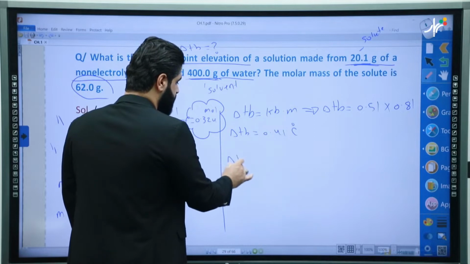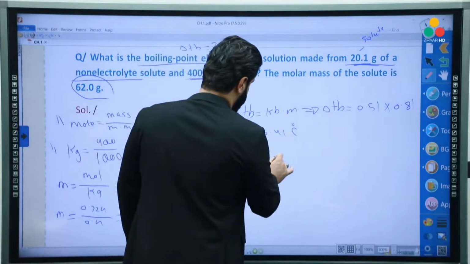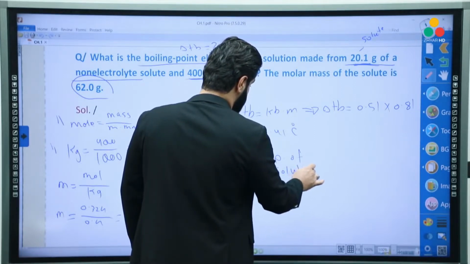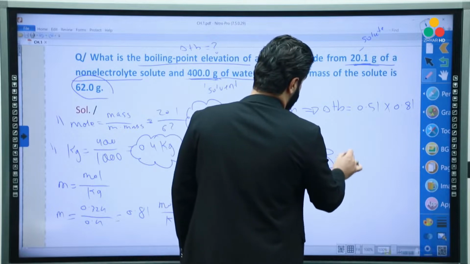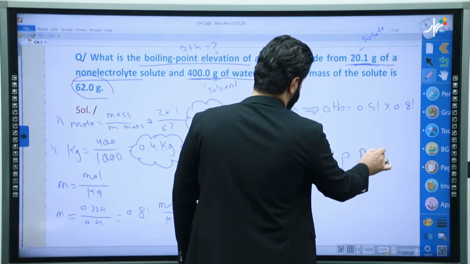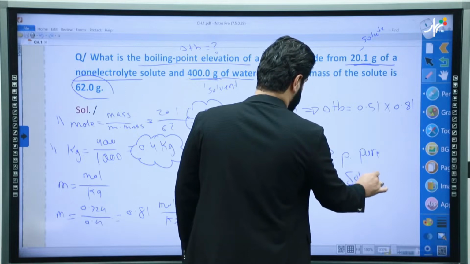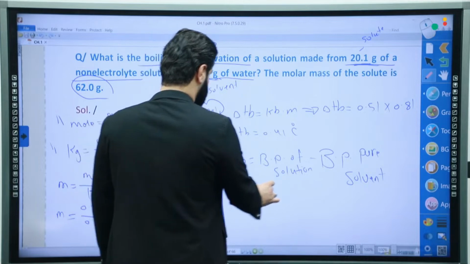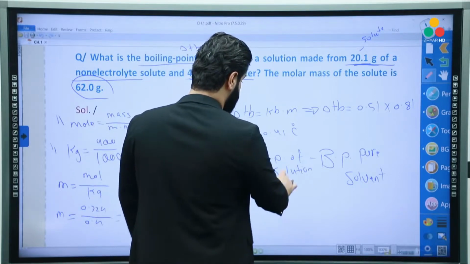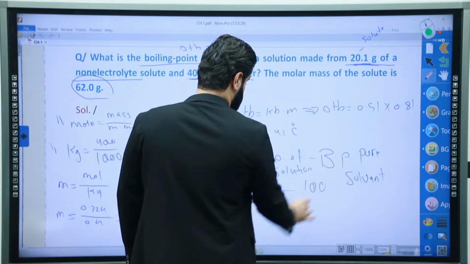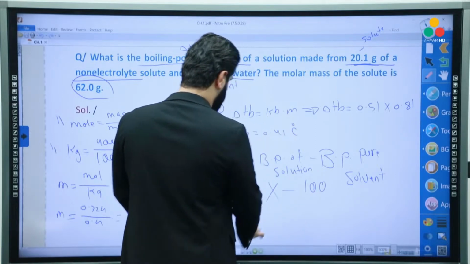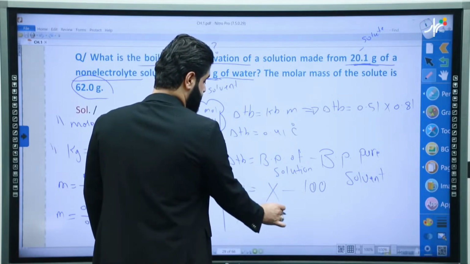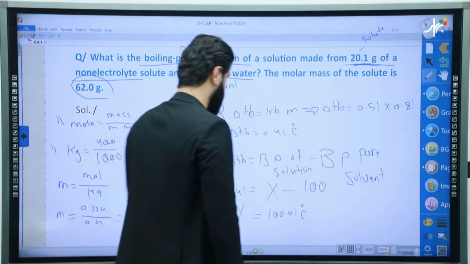So delta TB equals boiling point of solution minus boiling point of pure solvent. Delta TB is 0.41 equals, we are looking for boiling point of solution, minus 100. So x, which is the boiling point of solution, equals 100 plus 0.41 equals 100.41 Celsius degree.